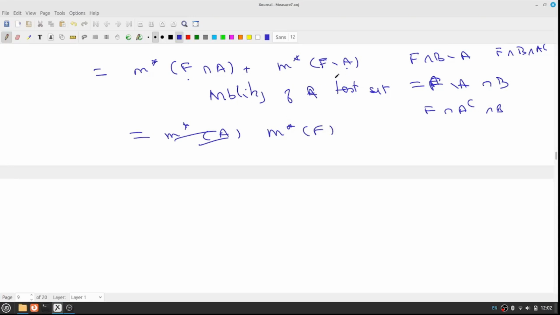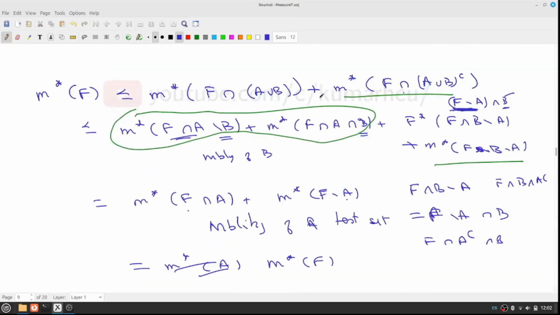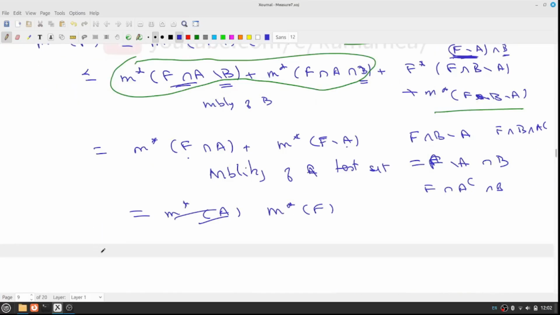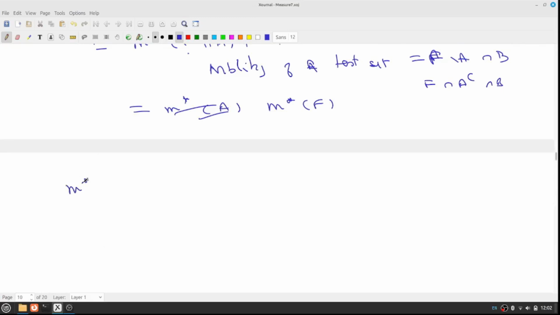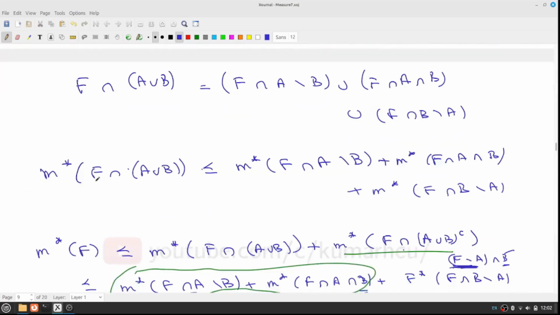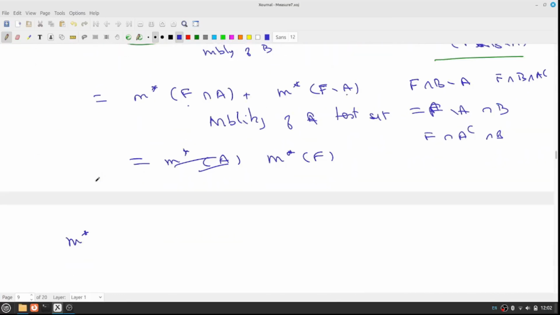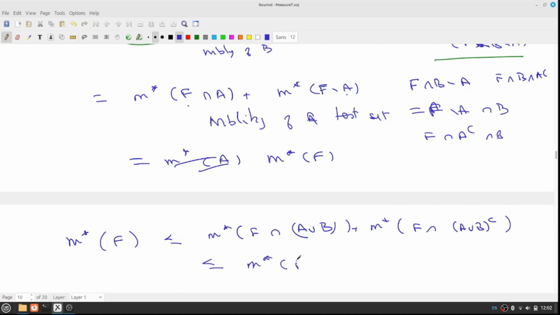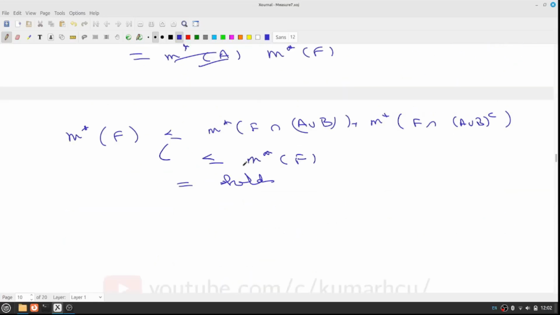Using measurability of A, I get M star of F. So what I have shown now, just go back, is that M star of F is less than or equal to M star of F intersection (A union B) plus M star of F intersection (A union B) complement, but that's less than or equal to M star of F. That means equality holds. This proves A union B is measurable.